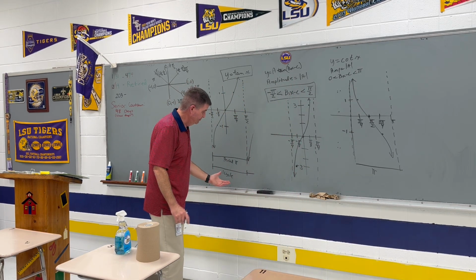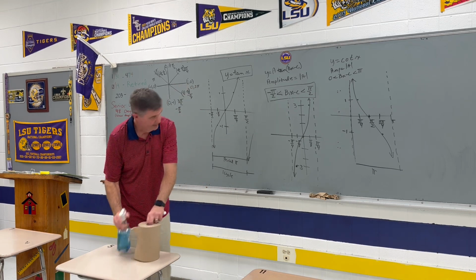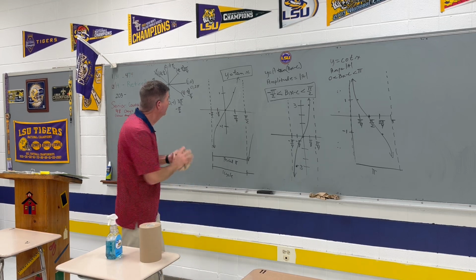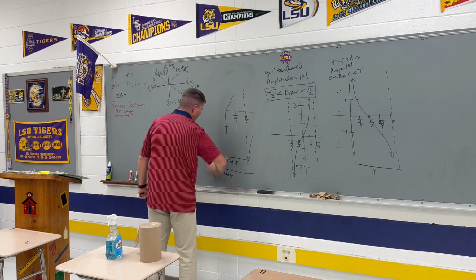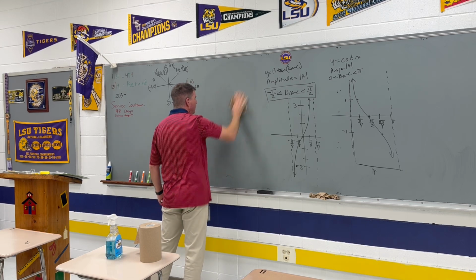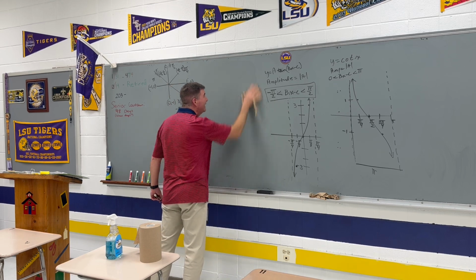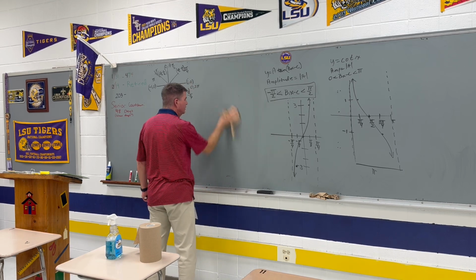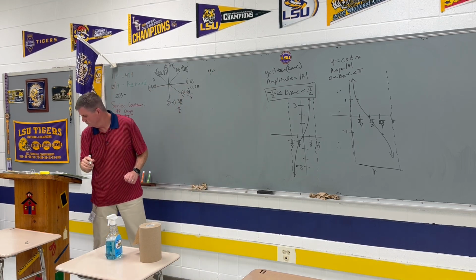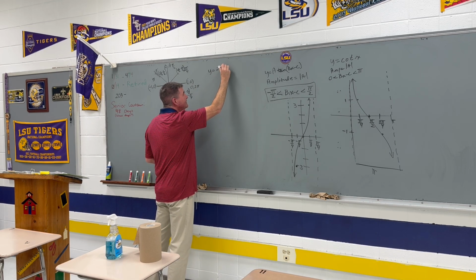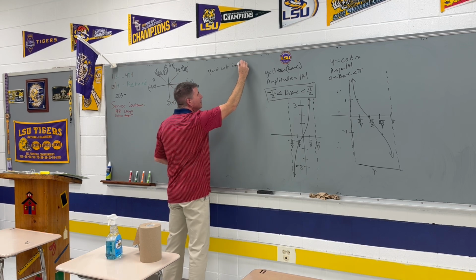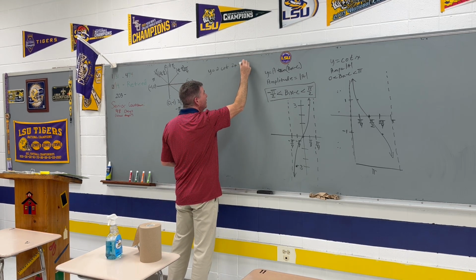So when we're trying to graph that one, suppose we have y equals 2 cotangent of 2x minus pi over 4.